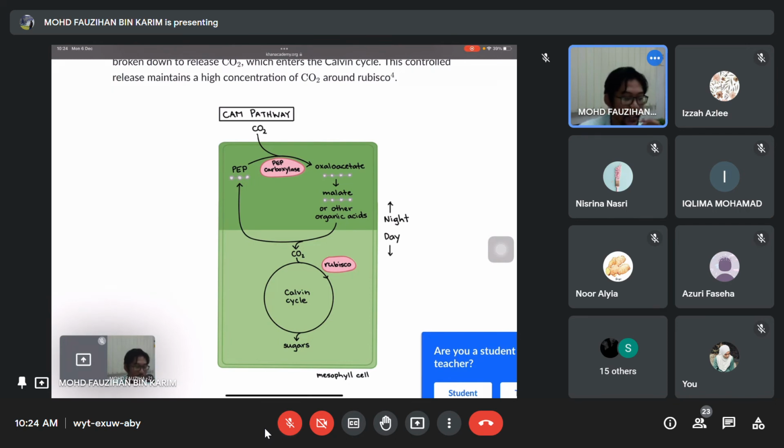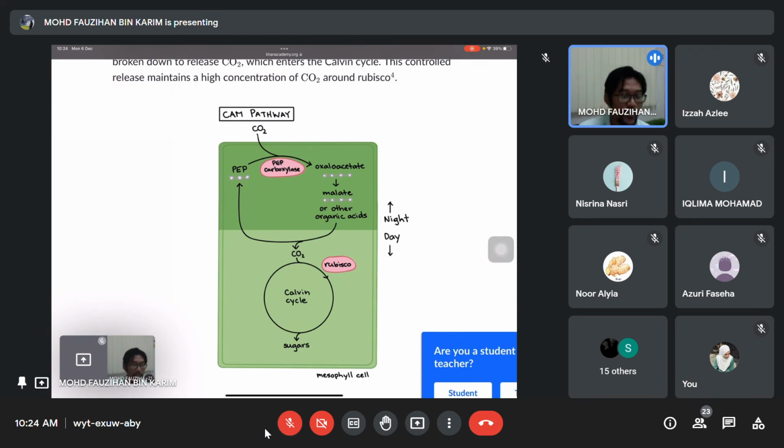The CAM pathway is mostly in cactus plants in the desert. They cannot open stomata during the day, because they would lose more water, right? So what they do is during the night: normally photosynthesis stops because there is no energy.